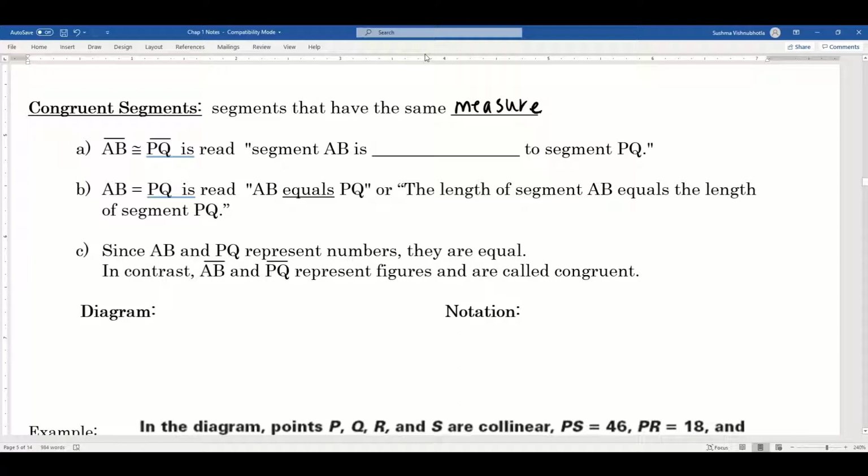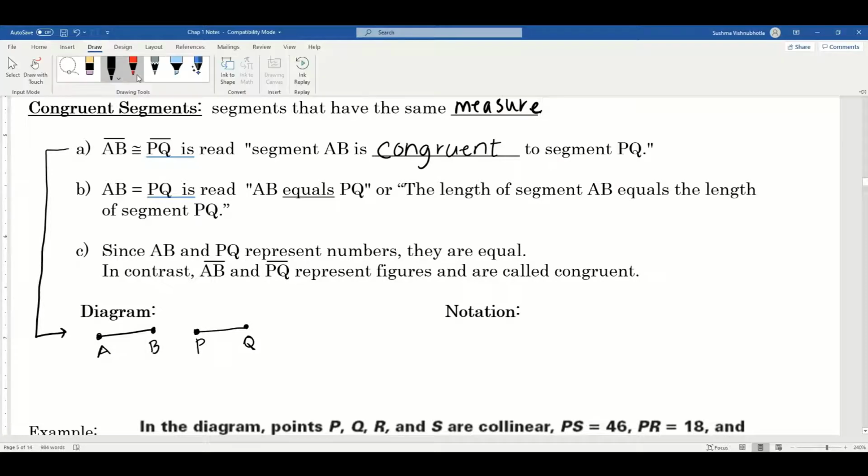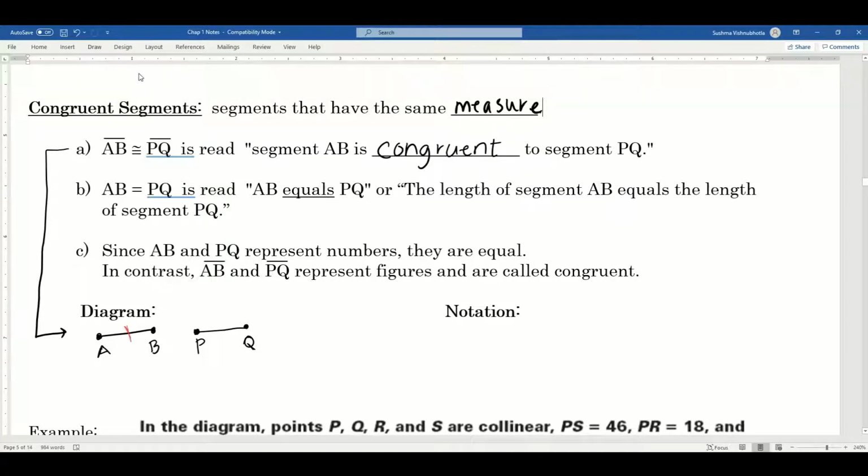So the way you would read this is AB is congruent to segment PQ. Now, the diagram for this could be, and the way I know that they're congruent is I can put these tick marks.